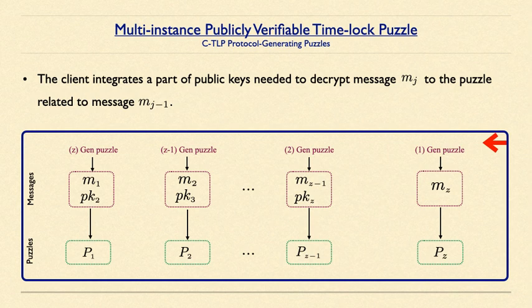It publishes all puzzles P1 to Pz along with the public key for puzzle 1, which is PK1. By the end of this process, the client created a set of puzzles that are chained with each other.